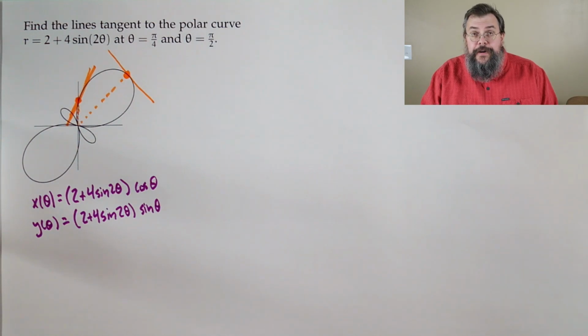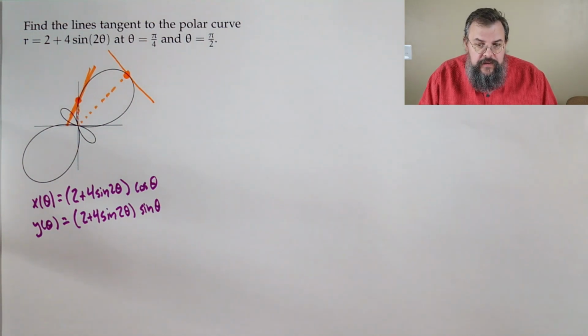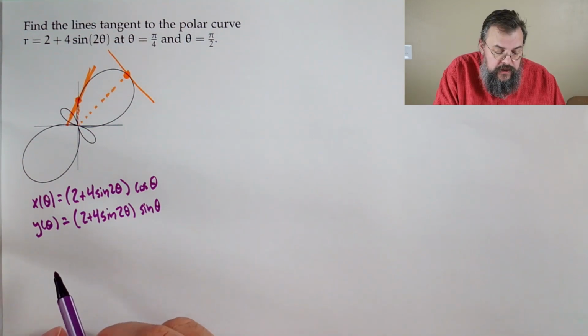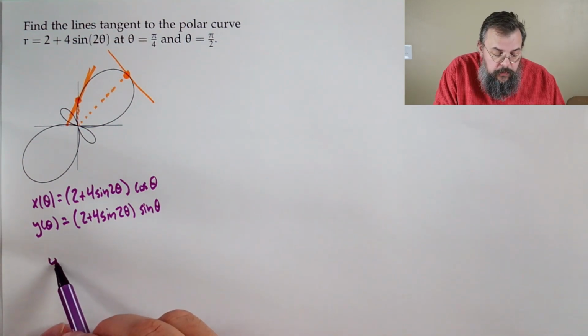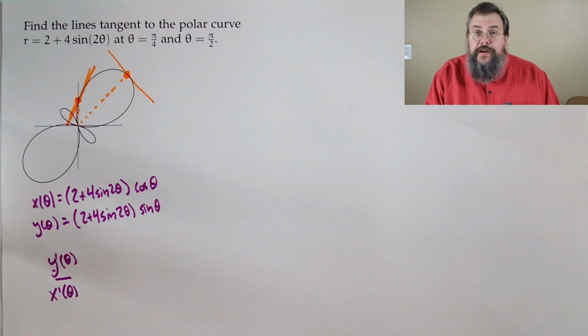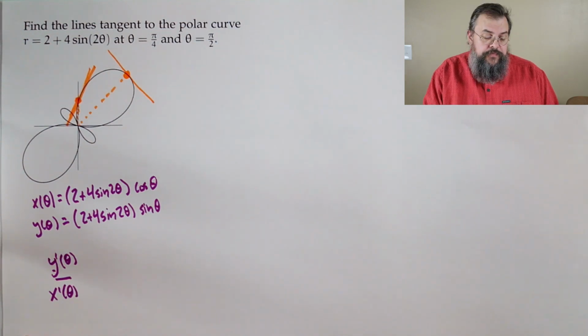Now that we have our curve in parametric form, our next thing to do is to think about slope. How do you find the slope? Well, the slope is y prime of theta over x prime of theta. In other words, change in y over change in x.